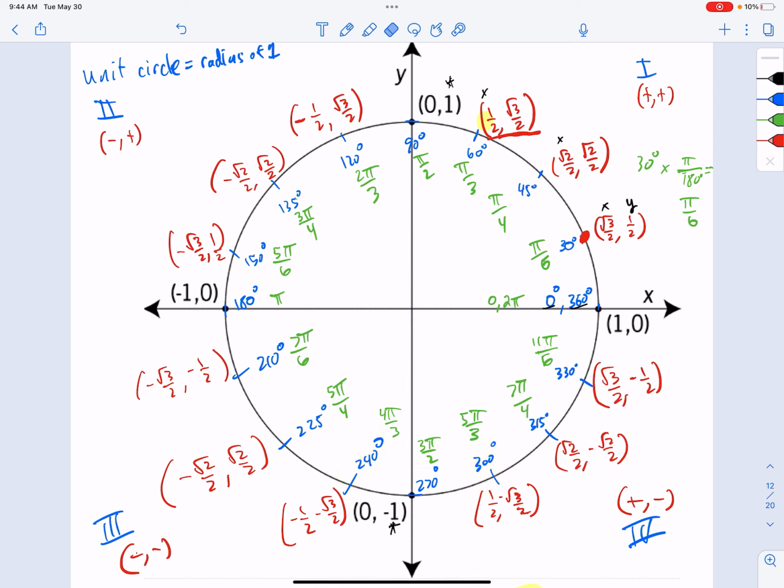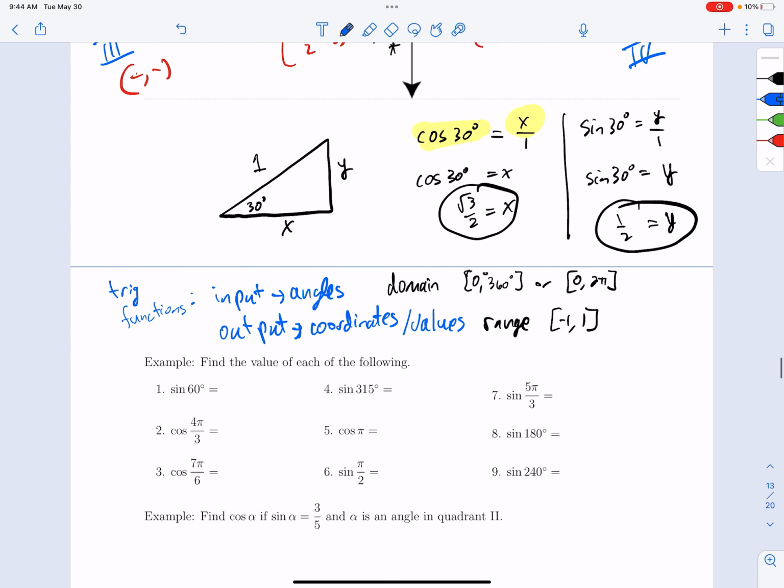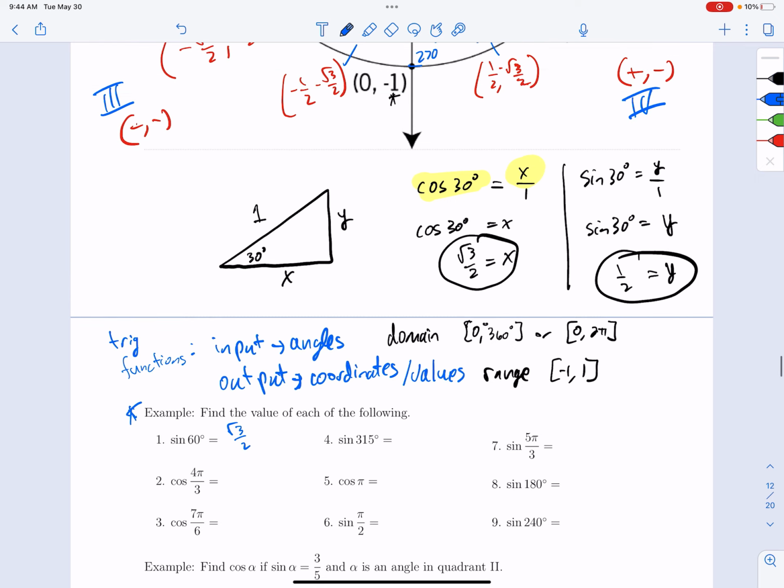So sine at 60 degrees is up here, the y coordinate at 60 degrees. So that's root 3 over 2. So we're going to say root 3 over 2 here. And again, the input is an angle, the output is a coordinate. So on all of these questions in this example, we want to answer with a coordinate, not with another angle.